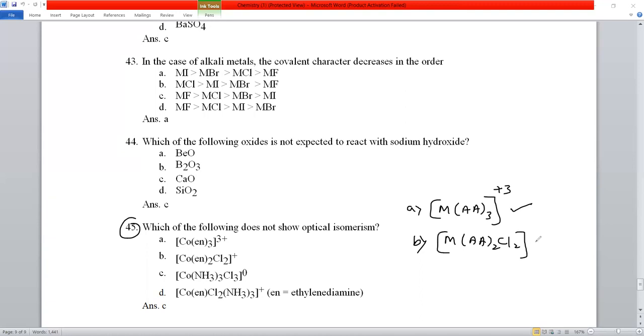In this, the cis form is optically active. And here, MA3B3 type: facial as well as meridional isomers form, students, geometrically, but optically both facial and meridional are optically inactive. Complex D, cis form is optically active, trans form is optically inactive. So the option that does not show it is option C.